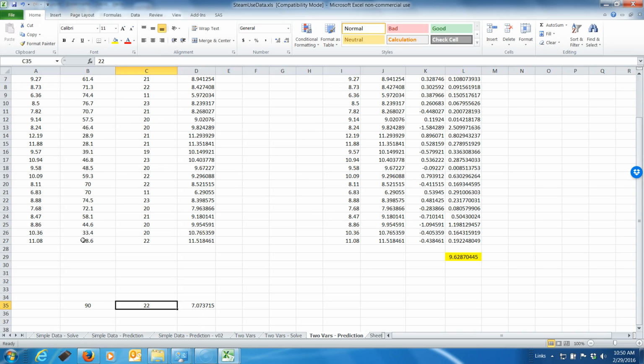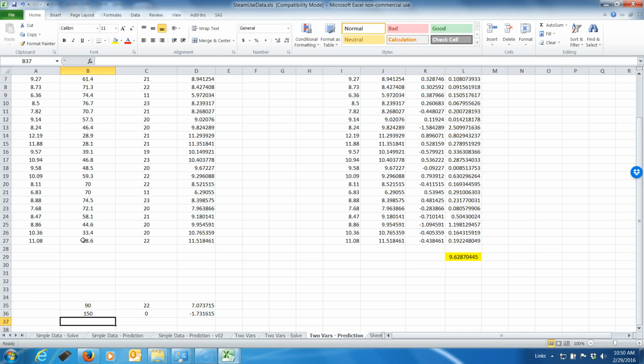But now let's just get a little bit crazy here. Let's say we have 90 degrees out and the factory is closed, and it was closed the whole month, and it was 120 degrees out, really, really hot, or 150 degrees.